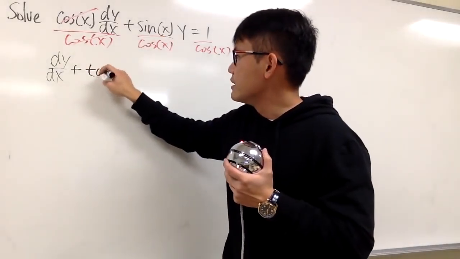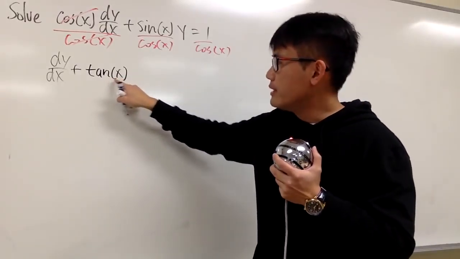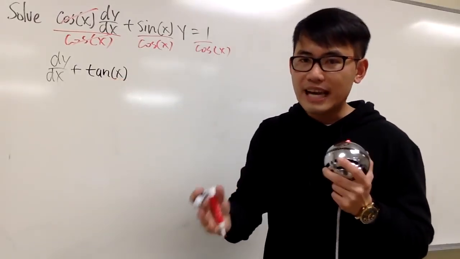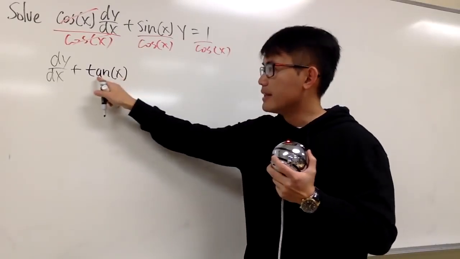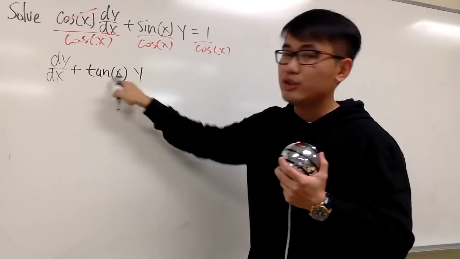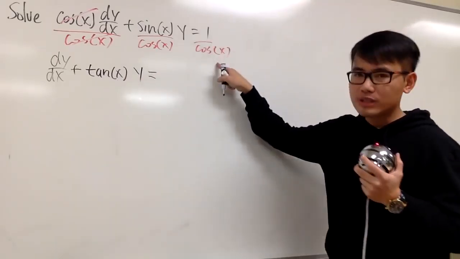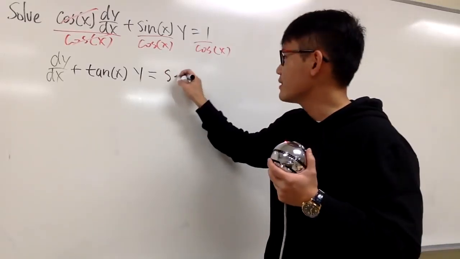We can just write that down as tangent of x. And you see right here, I put a parenthesis around the x because we have to emphasize x is the only thing that's inside of the tangent. The y is being multiplied with tangent of x. And this is equal to 1 over cosine of x, which is just secant of x, right? So let's just put that down.